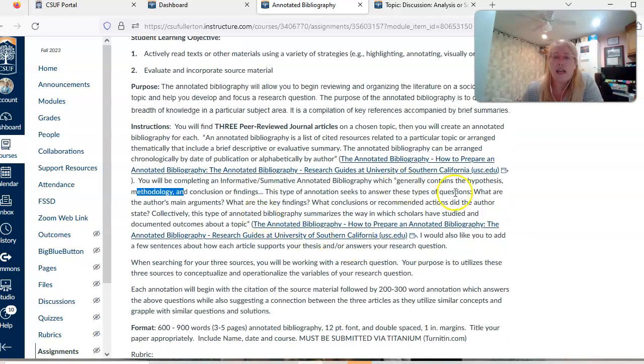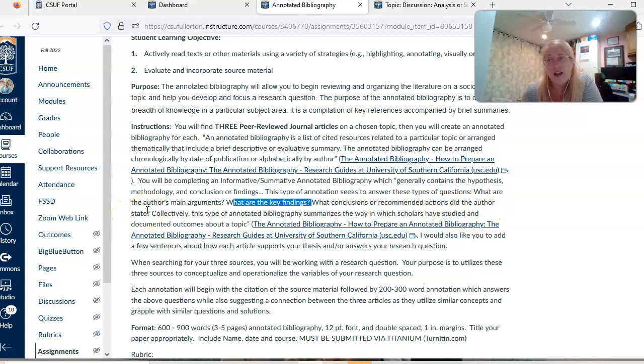And again, it seeks to answer these questions. What's the author's main argument, also known as their thesis? What are their key findings? What is their support of that thesis? What conclusions or recommended actions did the author state?